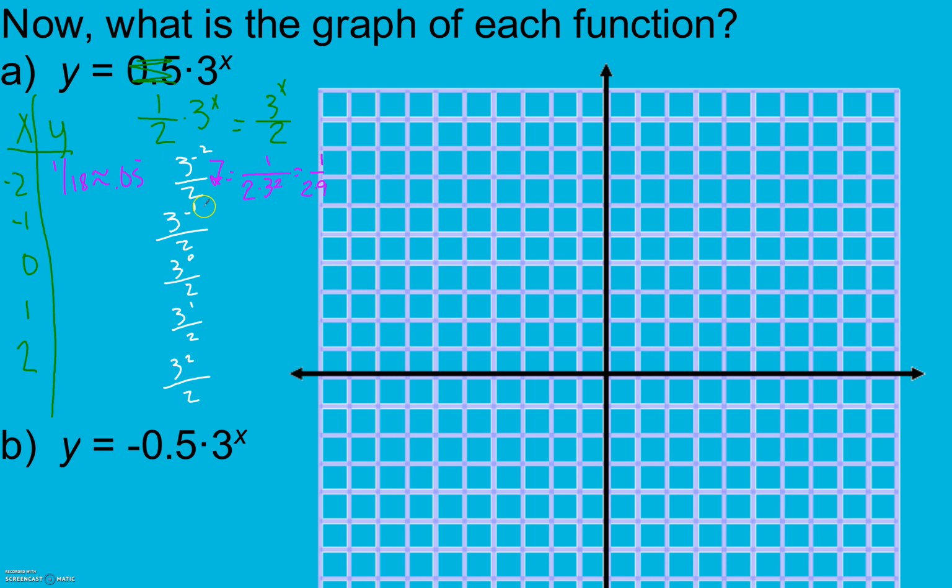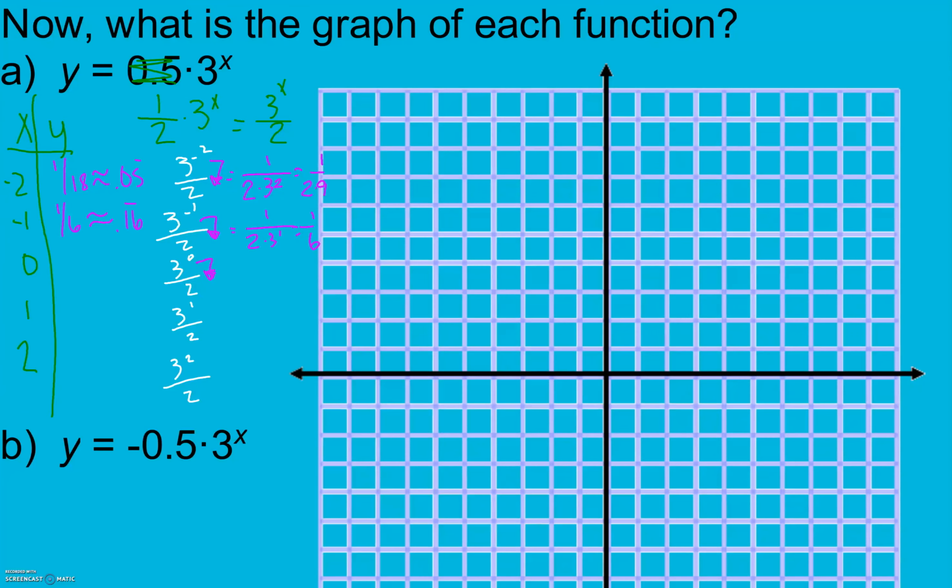Same idea here. I have 3 to the negative first power. I move it to the denominator in order to make my exponent positive. 2 times 3 to the positive first power, which gives me 2 times 3, or 1/6, which is approximately 0.16 repeating. 3 to the 0 power is 1. I don't have to move that to the denominator.